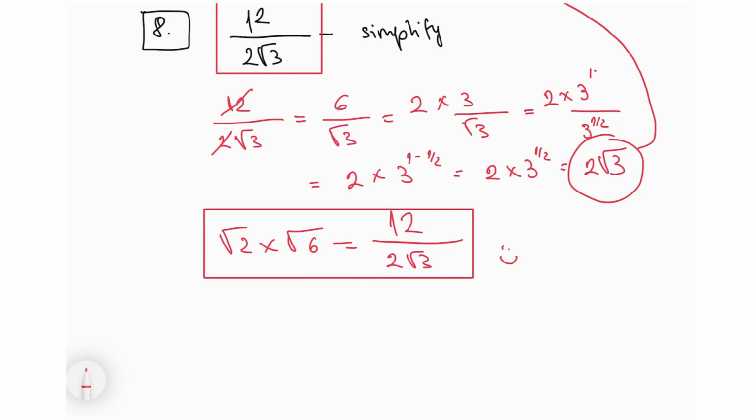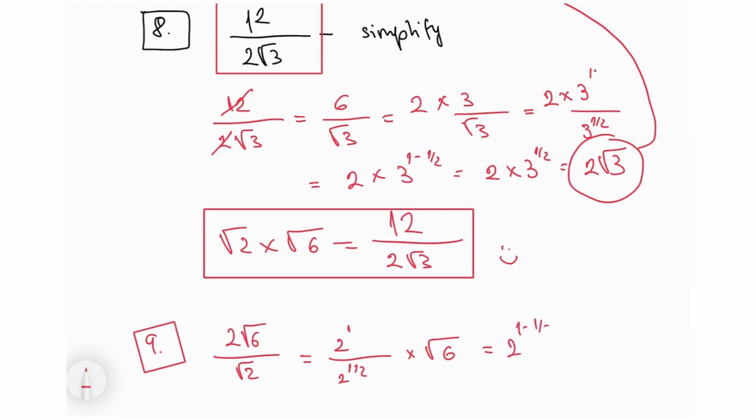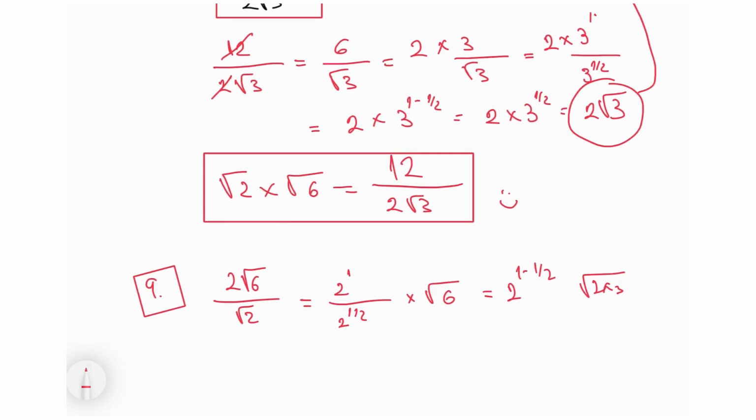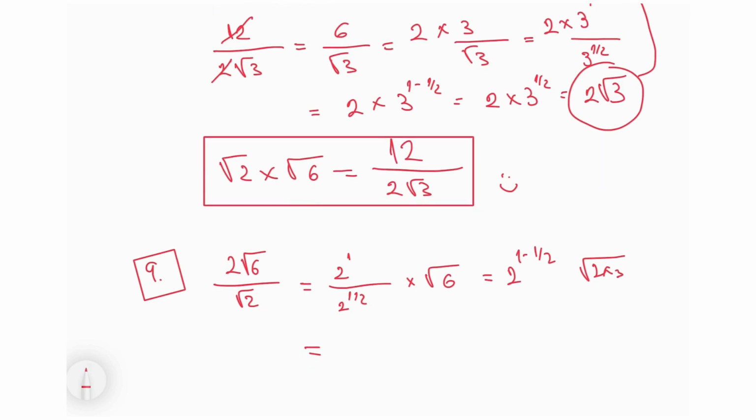Let us simplify more. So let's see, 2 square root 6 over square root 2. Again, you can do 2 to the power 1 over 2 to the power 1 half times square root 6, which is 2 to the power 1 minus 1 half. Here we can write 6 as 2 times 3. And we have 2 to the power 1 half, square root 2 times square root 3.